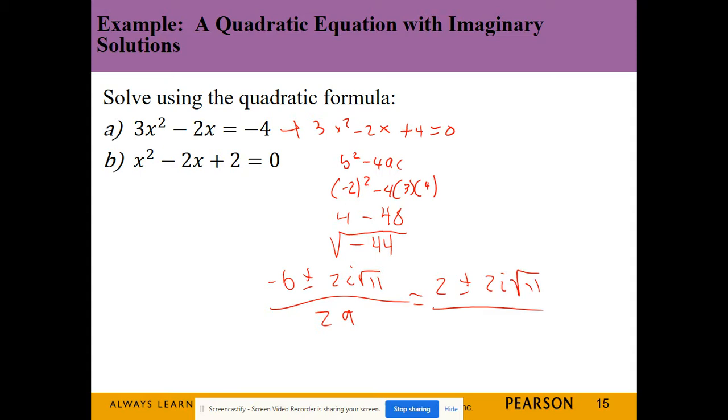And a is 3, so 2 times a would be 6. Then that can get simplified because you can divide a 2 out of the 2, the 2i, and the 6, so you're going to end up with 1 plus or minus i root 11 all over 3.